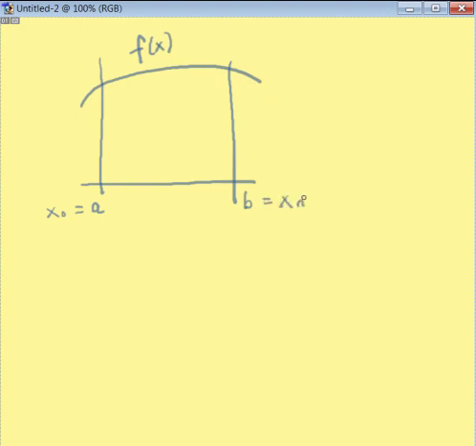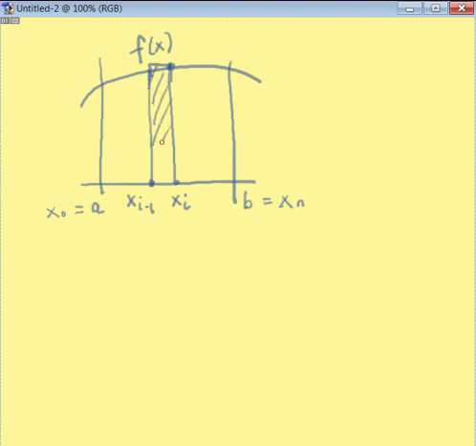Let's say a is x0, b is xn, and let's say a general interval will be from x i minus 1 to xi. And the rectangle will hit the curve on the right hand side.